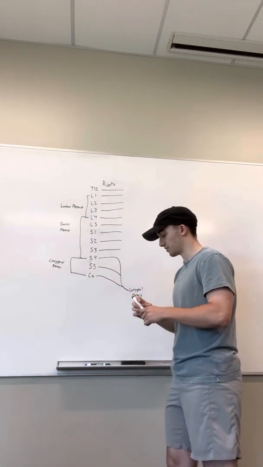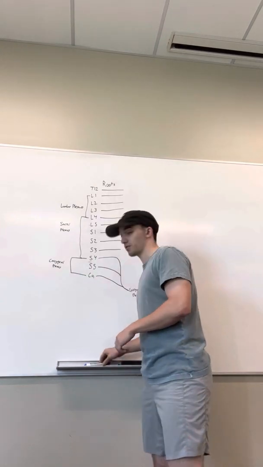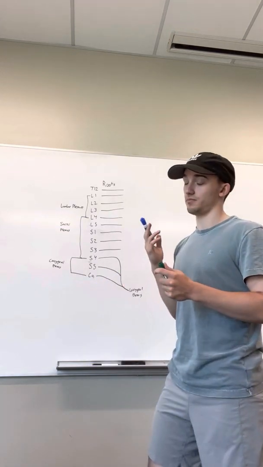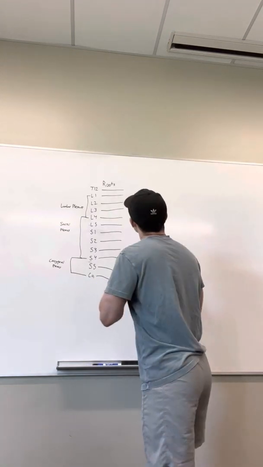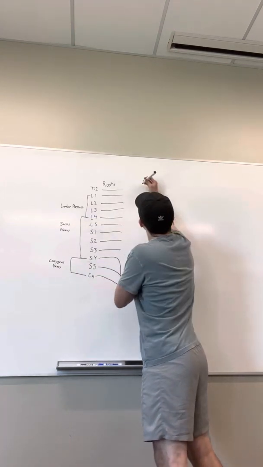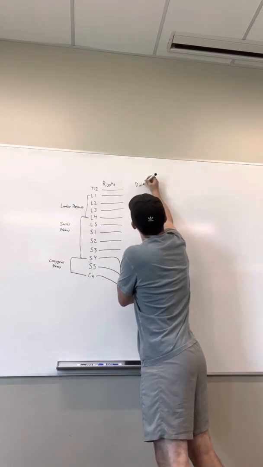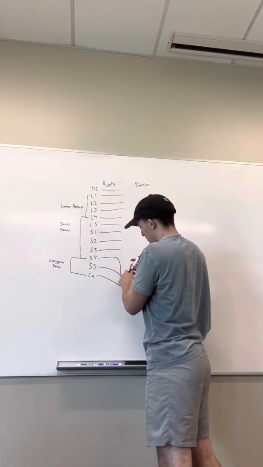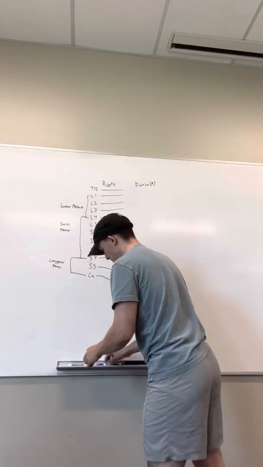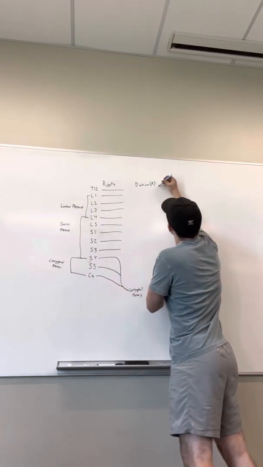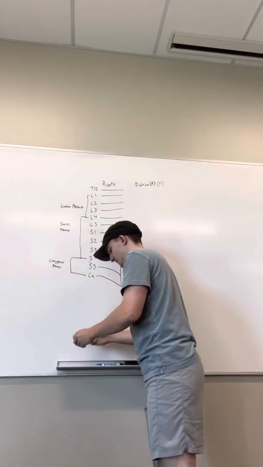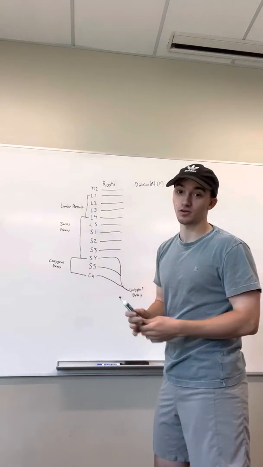The next section, I'll be using two different colors, blue and green. Green's gonna make up the anterior division, and blue's gonna make up the posterior division. Anterior, blue for posterior. Perfect. Take a second just to draw all these out real quick.